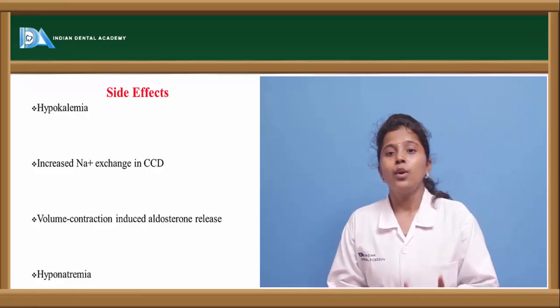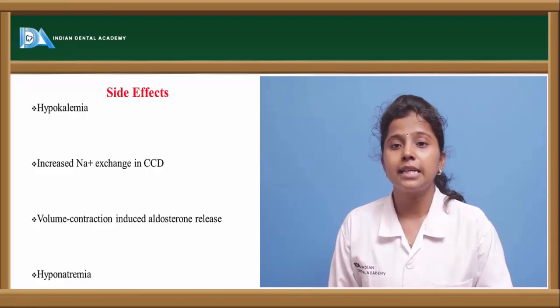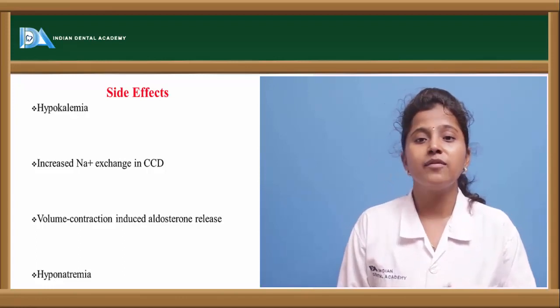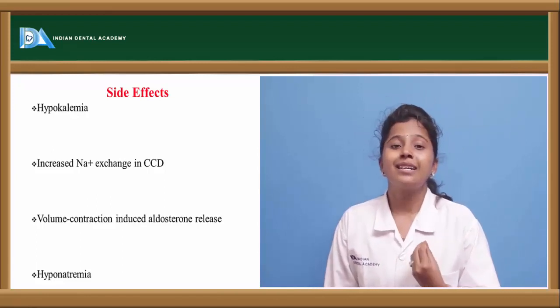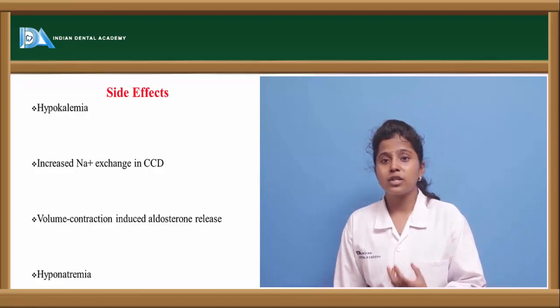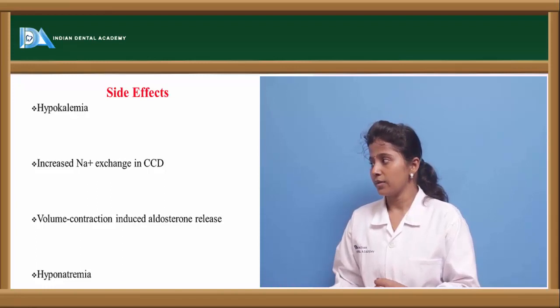When the filtration rate in the kidney is increased, because of the pressure exerted by the filtrate in the kidney, there is aldosterone secretion from the kidney. So these thiazide diuretics cause this kind of aldosterone secretion when used in larger amounts.